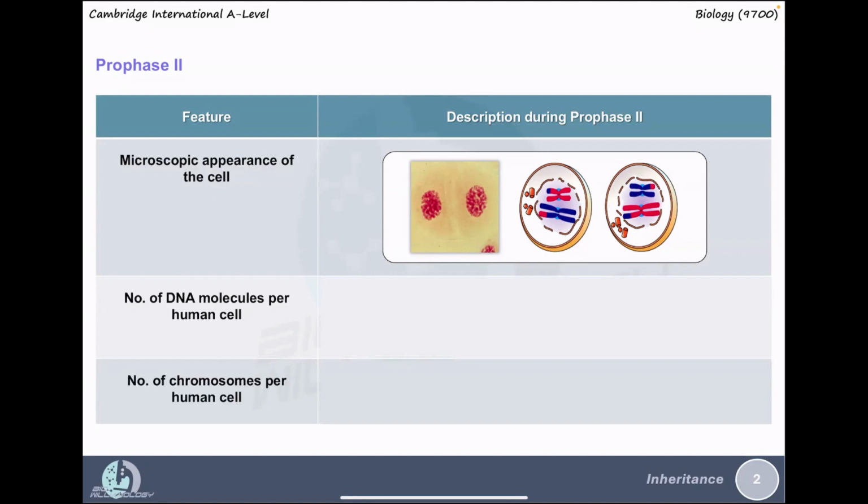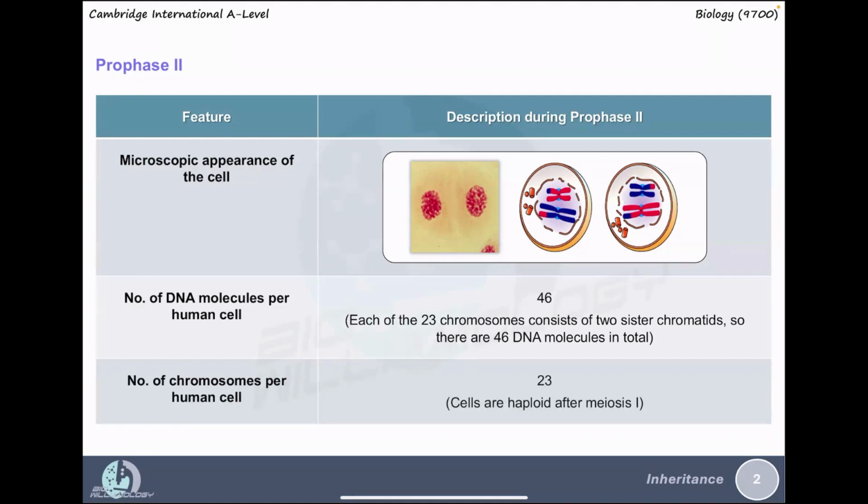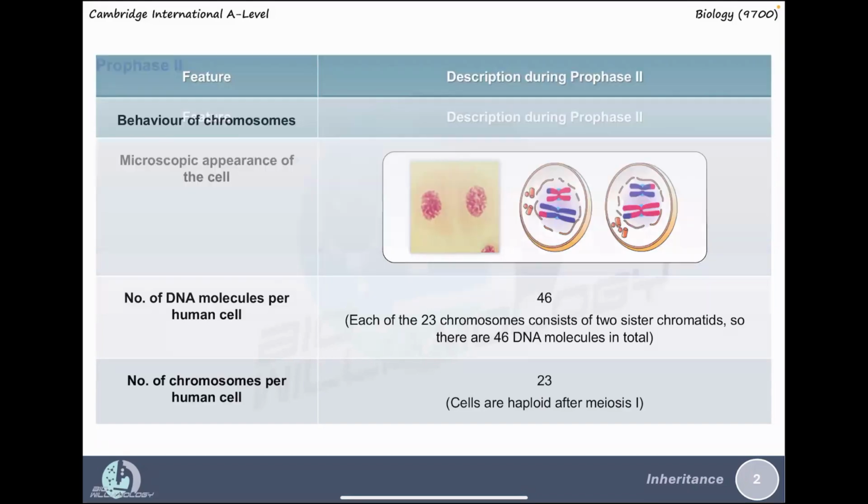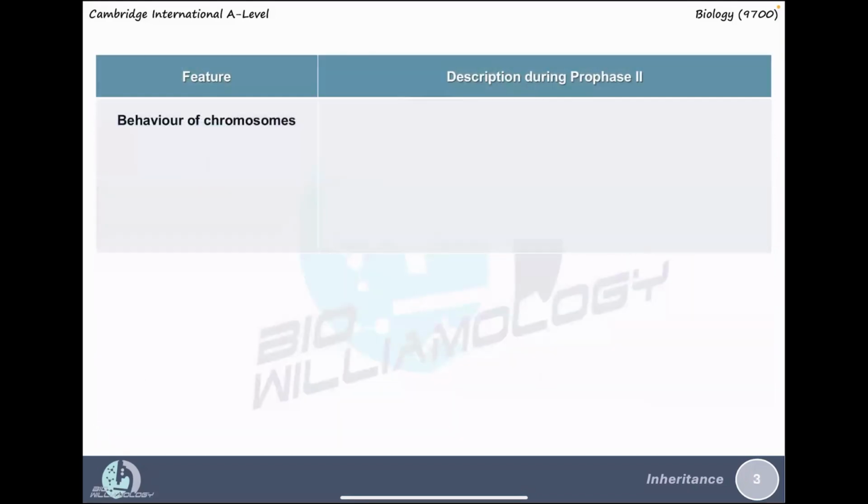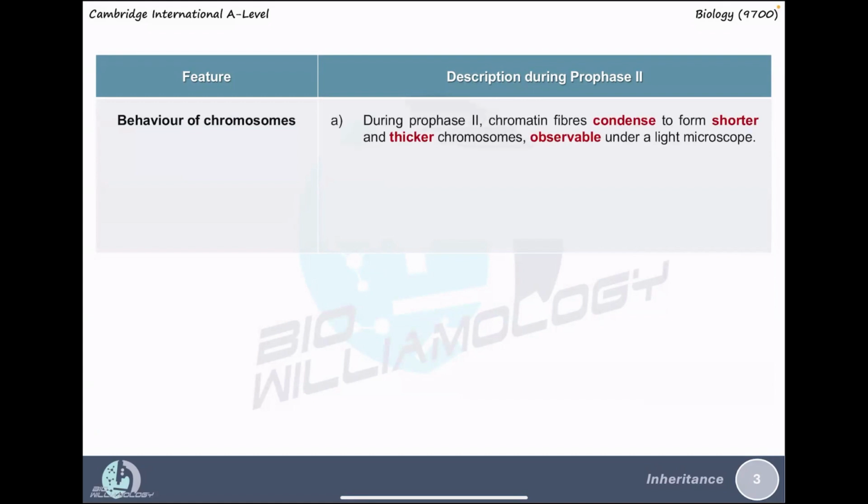Per cell, the number of DNA is 46, and the number of chromosomes per human cell, because this is haploid, is 23. So what is the behavior of the chromosomes? During prophase 2, chromatin fibers condense to form shorter and thicker chromosomes, observable under a light microscope.